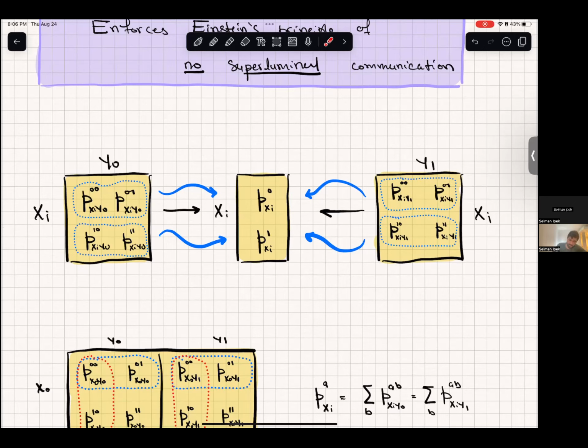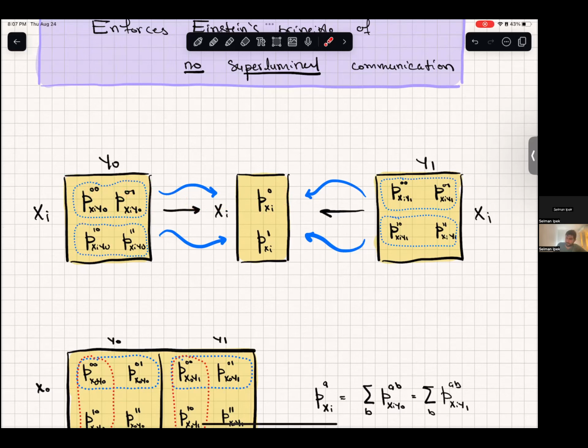So when you add up the top row, these include all the outcomes where Alice gets outcome 0. You add those probabilities together, that is, you marginalize, and that gives you this top number. Similarly, for getting this bottom number.